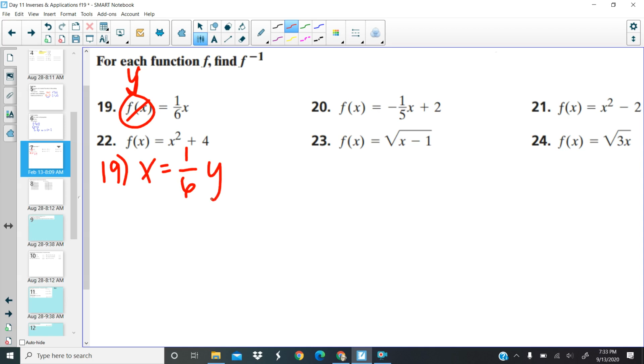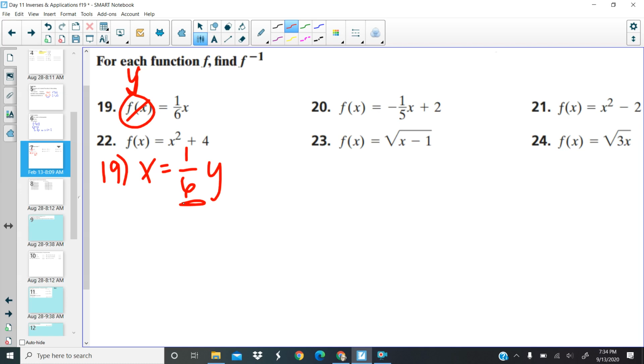Then we just need to get y by itself, but we have a 1/6 in front. I don't know if you guys remember from past math classes, but when you need to get rid of a fraction in front of a variable, you multiply by the reciprocal. The reciprocal of 1/6 is just the fraction flipped upside down, 6 over 1.